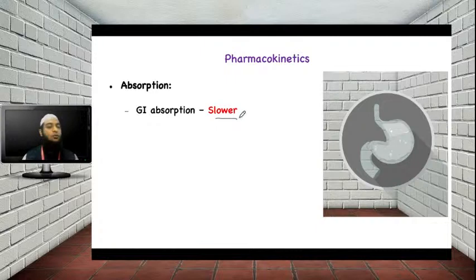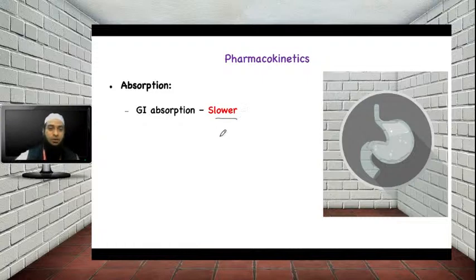If you want to give the treatment by any other route, like intramuscular injection or IV injection, that is not very convenient in the case of a child. The reason is that for such routes of administration, you need a physician to come to your house, or maybe you need to take your child to the hospital to give this treatment, isn't it? So GI absorption matters, because most of the time we are giving medicine to the child through the oral route.